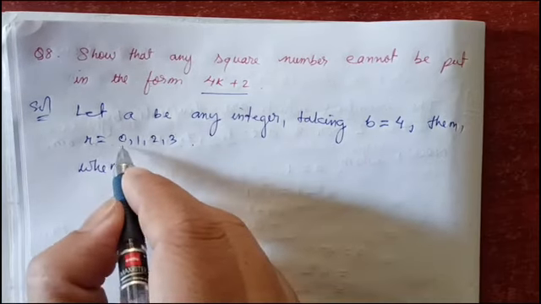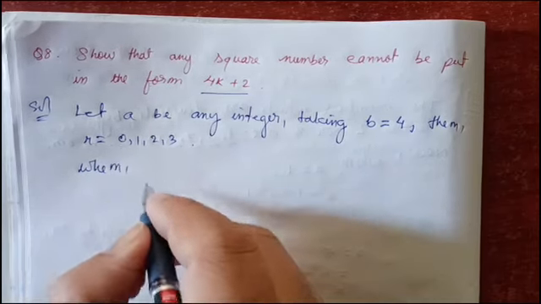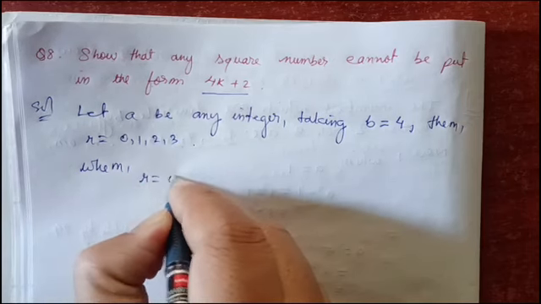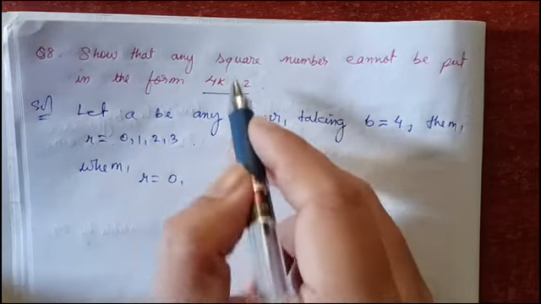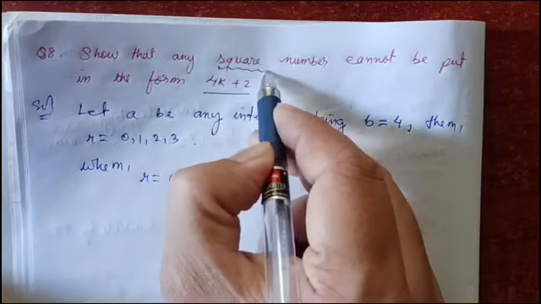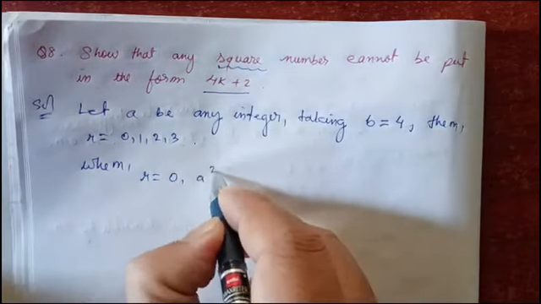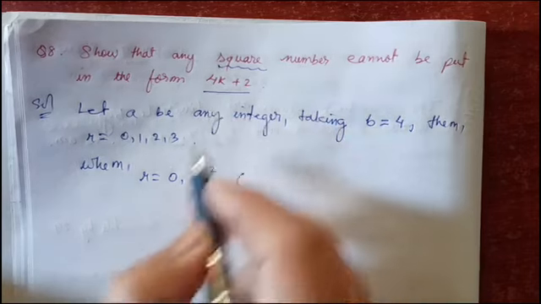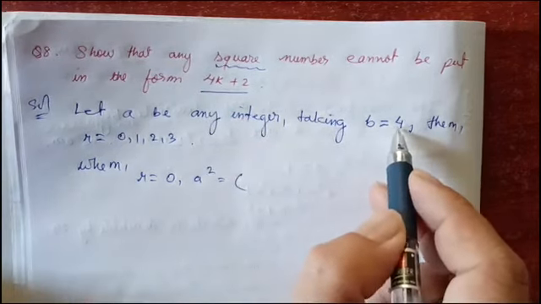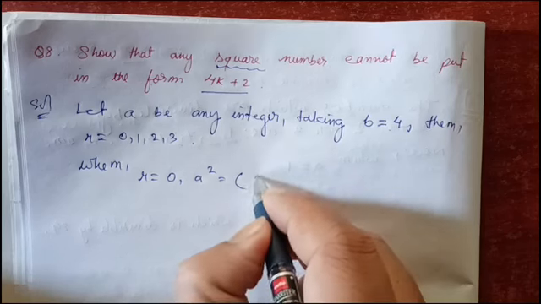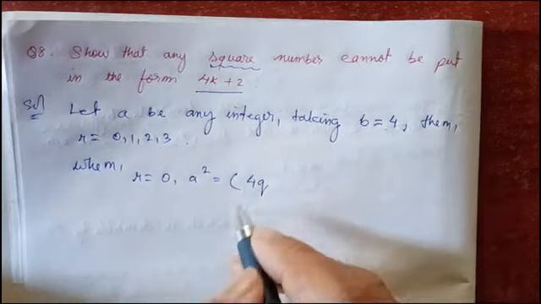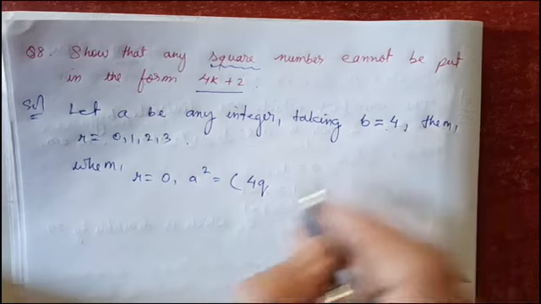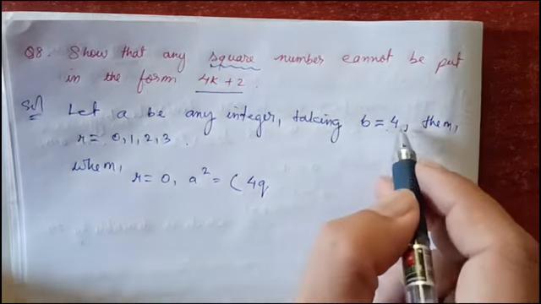Let us solve for 0 first, when r equals 0. The question says take square, right? So a square. Here the number is 4, that's why we will be taking 4q. If the b value is 5, 5q. If the b value is 6, 6q. In our question, the b is 4.